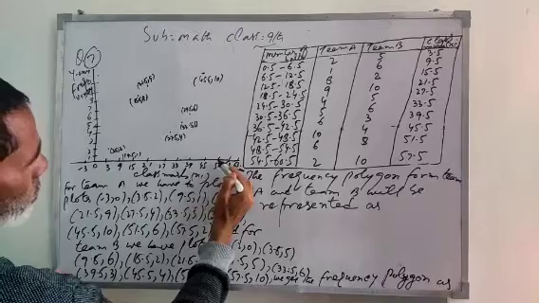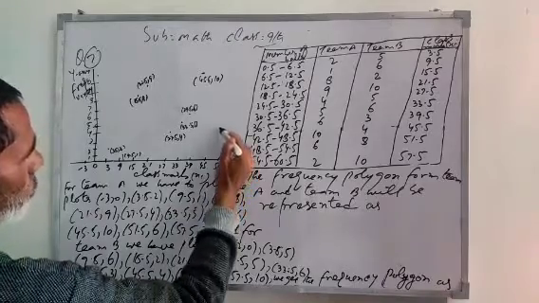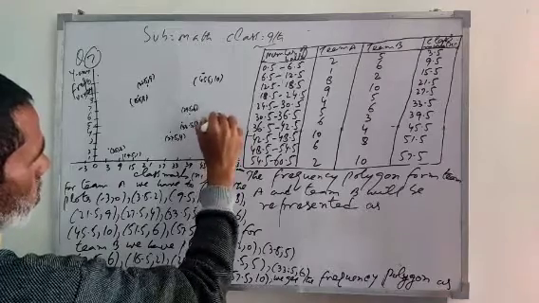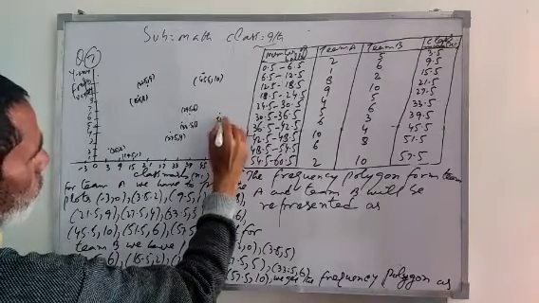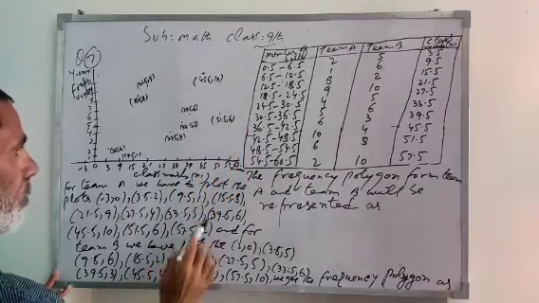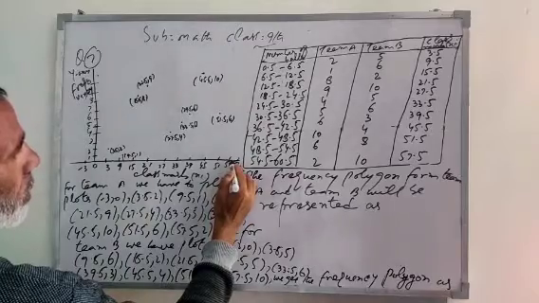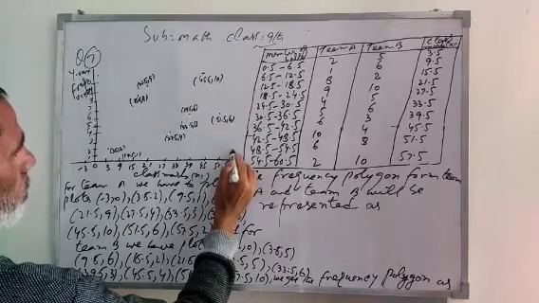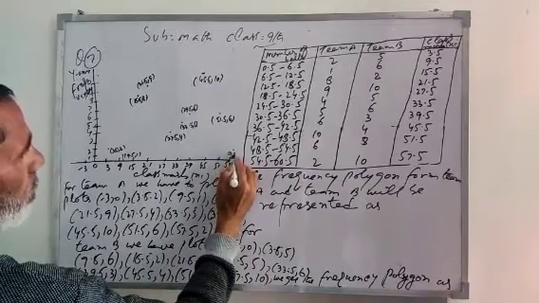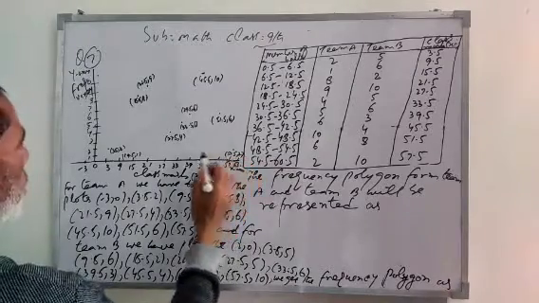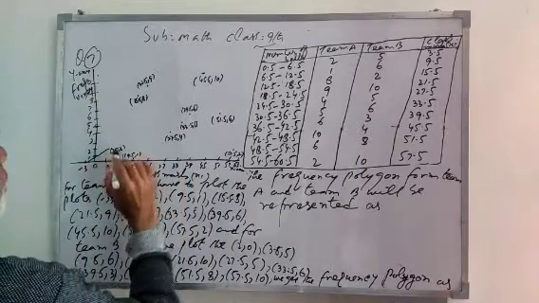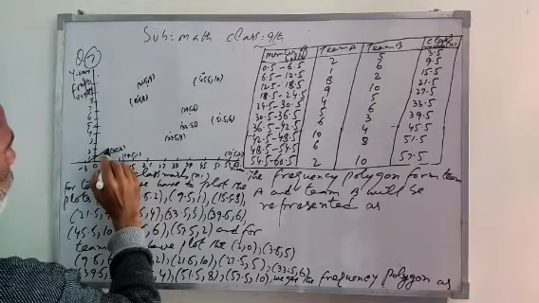51.5 comma 6. This is 51.5 comma 6. And last is 57.5 comma 2. 57.5 is here, 2 is here. We will join these by freehand, by line segments.